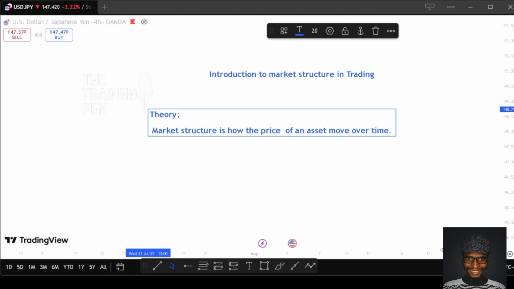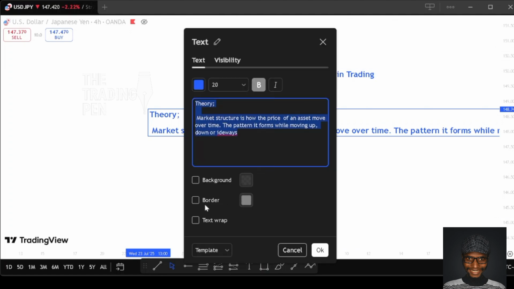The pattern it forms while moving either up, down, or sideways. That is market structure.